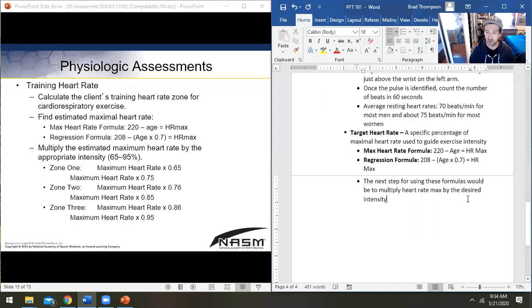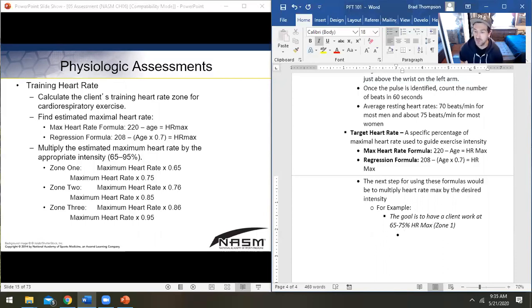So for example, let's say you want your client to be in zone 1. The goal is to have a client work at 65 to 75% heart rate max, which is zone 1.